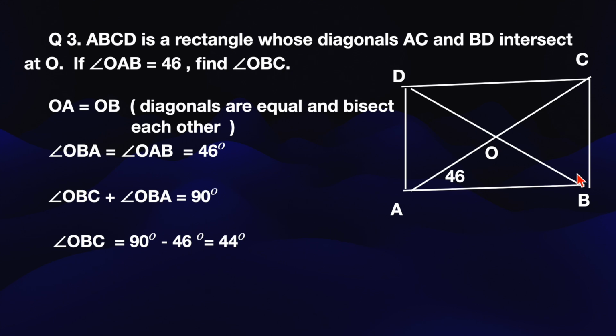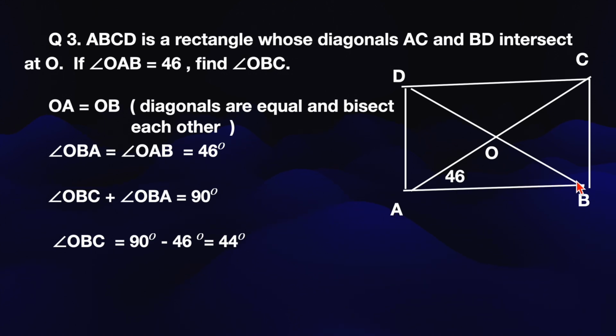OBC. So this angle we have to find, angle OBC. Okay. So this is a rectangle. In a rectangle, the diagonals are equal and they bisect each other. That means OA is equal to OB, so their opposite angles are equal.